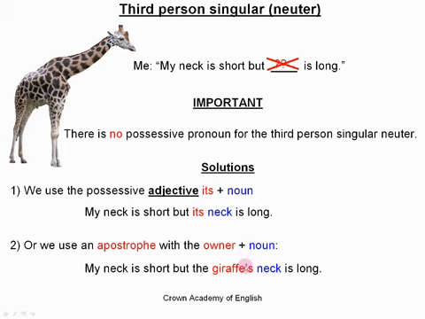So we write it with an apostrophe and an S to show possession, followed by the noun. This is what he owns. It is his neck, its neck. Okay? Again, there is repetition here. We are repeating the word neck, but there is no other solution.